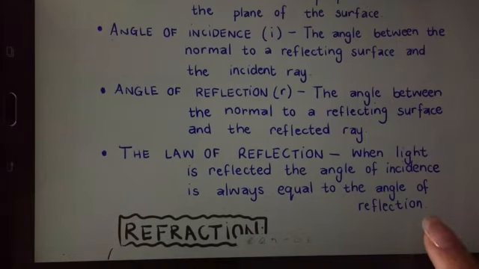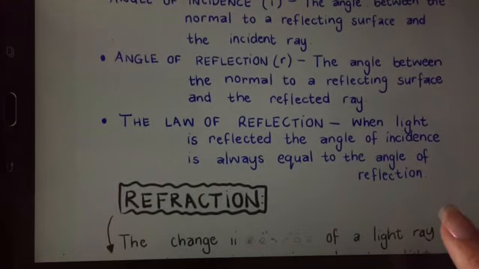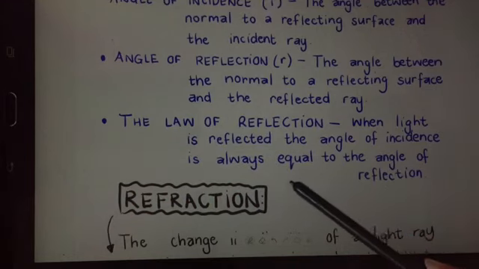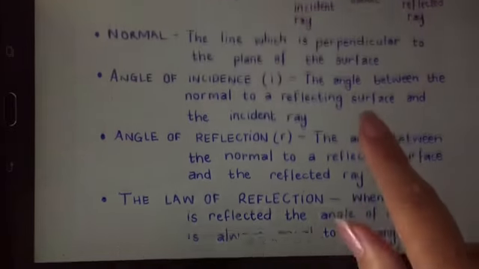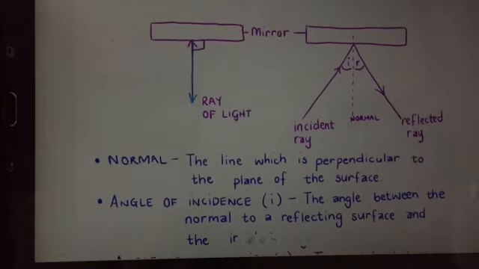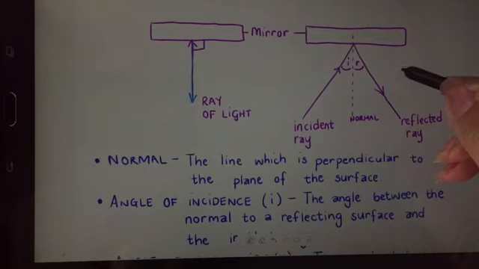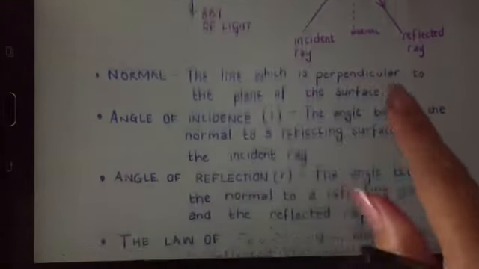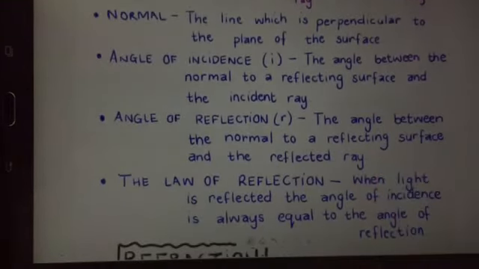And then lastly here, you also need to know about the law of reflection. When light is reflected, the angle of incidence is always equal to the angle of reflection. So if we go back to this diagram over here, the angle of incidence is equal to the angle of reflection. So those two angles there would be equal according to the law of reflection.